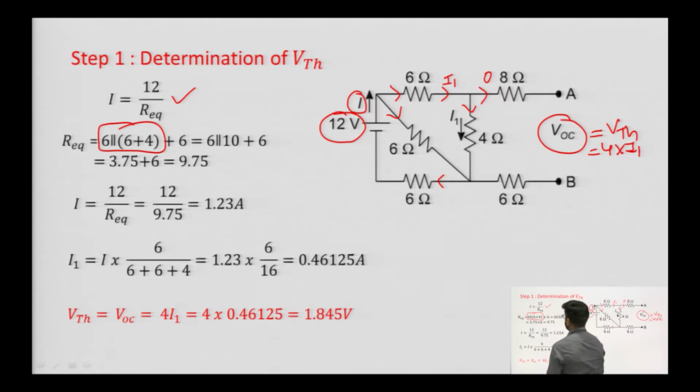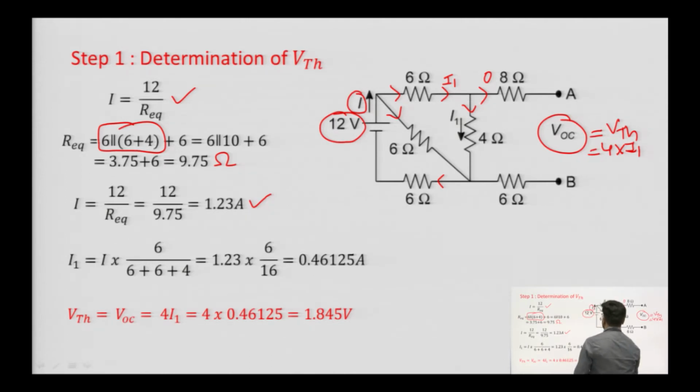So, 6 in parallel with 6 plus 4 plus 6, we get 6 in parallel with 10, plus 6, which is 3.75 plus 6, that is 9.75 ohm. This is our equivalent resistance. So, the value of I will be equal to 12 by R equivalent, which is 12 by 9.75, and we get 1.23 ampere.